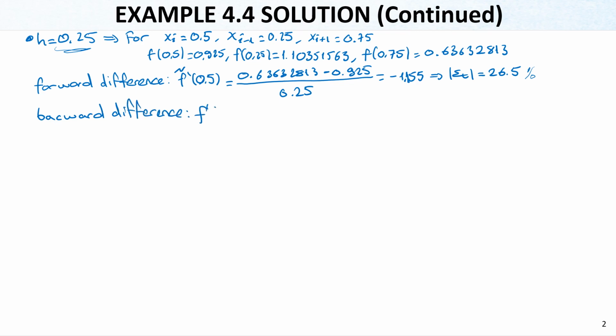For this, again, f prime (0.5) is equivalent to the xi function value, 0.925, minus the xi minus 1 function value, f(0.25), which is 1.10351563, as you see here, divided by 0.25, which is the step size.